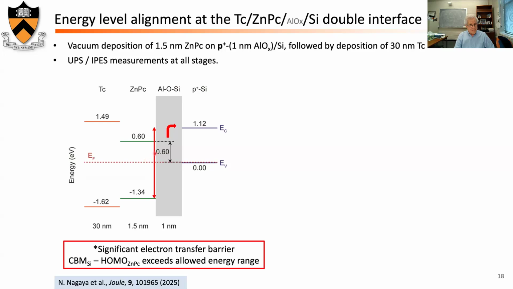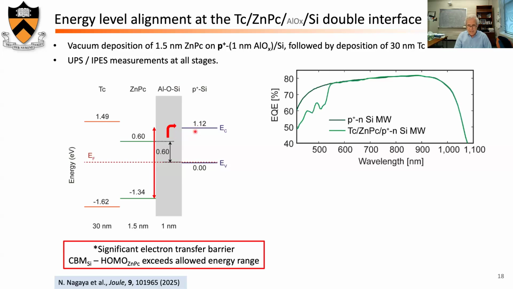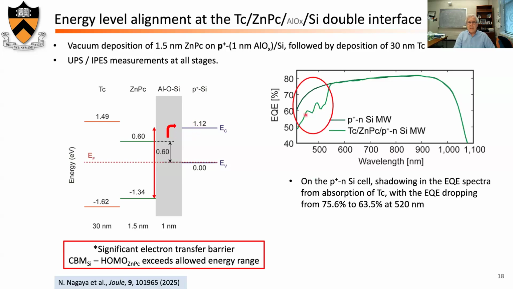And there would be a significant electron transfer barrier from the zinc PC to the silicon. So this is not expected to work, and it does not. Again, this is the EQE for the solar cell without tetrazine and zinc PC. And as soon as you put tetrazine and zinc PC on, instead of having a positive contribution, you have clearly the shadowing of the EQE by the absorption of tetrazine.